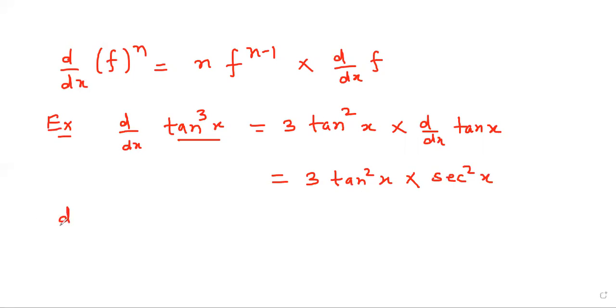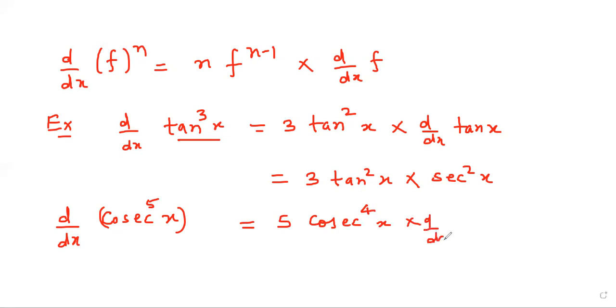Another example, d upon dx of say cosec x power 5 or cosec power 5x. So it will become 5 cosec power 4x into d upon dx of cosec x, that is minus cosec x cot x.